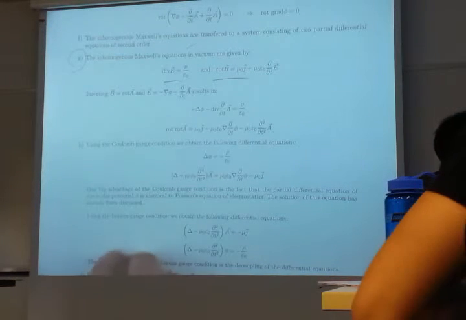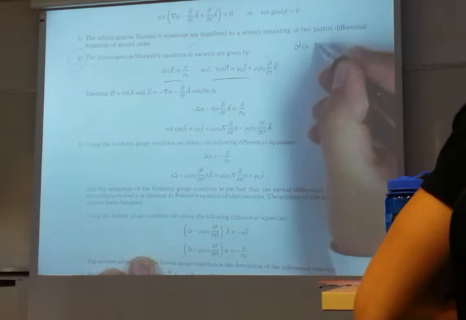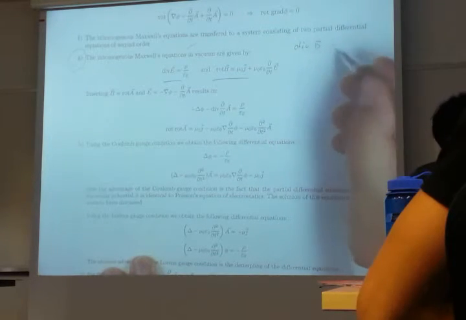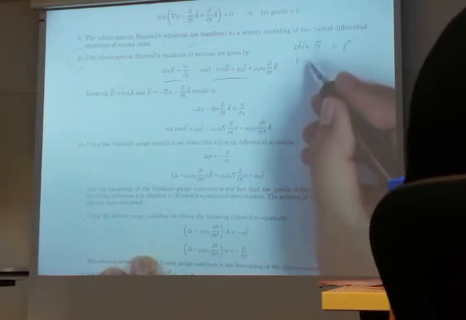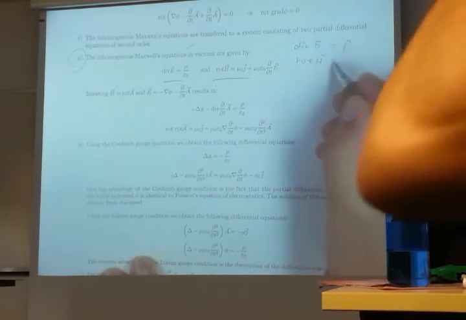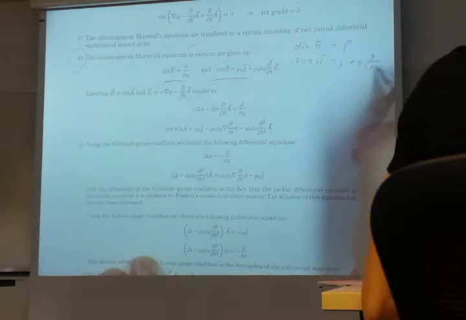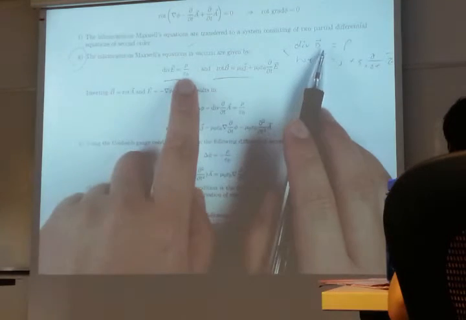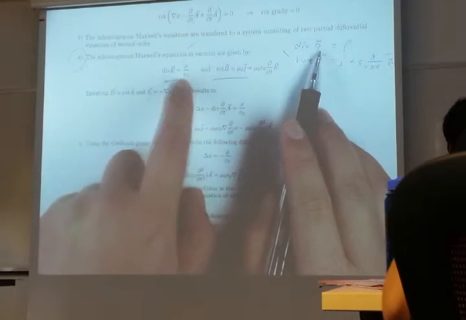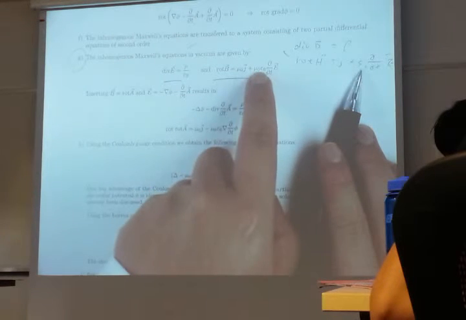But by the way, this is not the original formula. The original formula is the divergence of D, right? That is rho. This is the original thing. Another one is the rotation of H, right? It is J plus epsilon naught dE/dt. This is the original. But for this one you divide by epsilon, and for this one you multiply by mu naught.